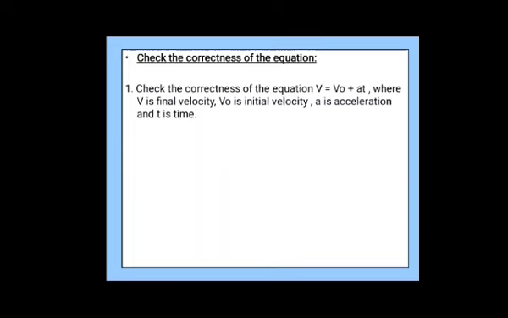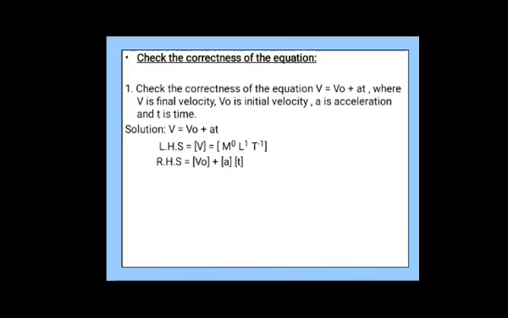Then how to check the correctness? First we have to write LHS part of the equation. What is LHS part? v is the LHS part. v means it is velocity. You have to write dimensions of velocity. What are the dimensions of velocity? M raised to 0, L raised to 1, T raised to minus 1. This is LHS part.